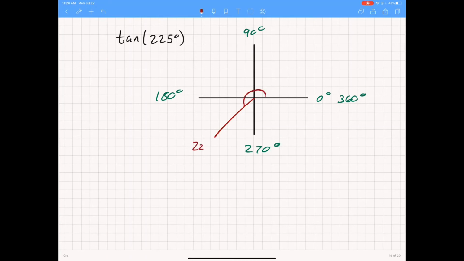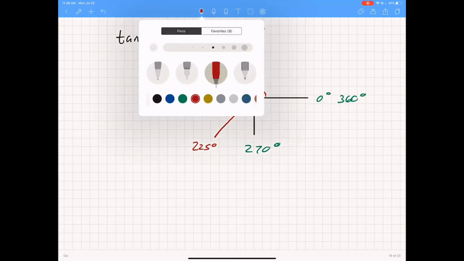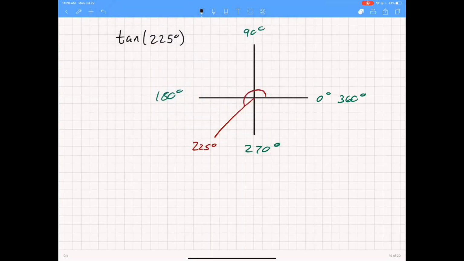This is 225. And again, we want to use our reference angle. We want to use the smaller angle with the x-axis, and that's this angle here. And again, to find this smaller angle, it's just the difference between 225 and 180.